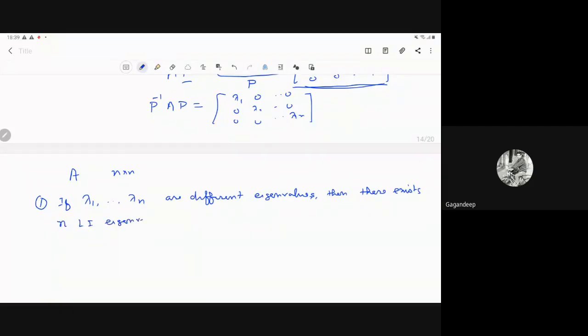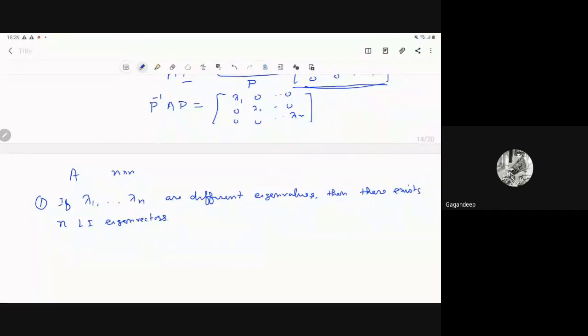So no problem this time. Just find the eigenvalues of the matrix. If no eigenvalue is repeating, then you can directly say the matrix is diagonalizable. Clear? Corresponding to different eigenvalues, you will get independent eigenvectors.